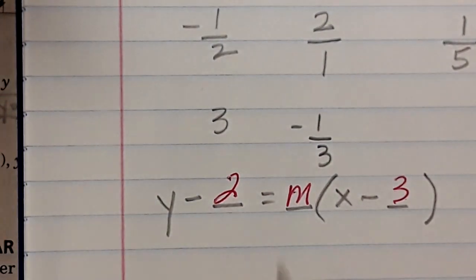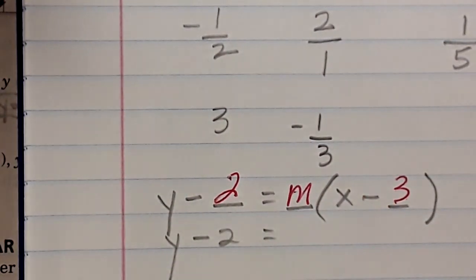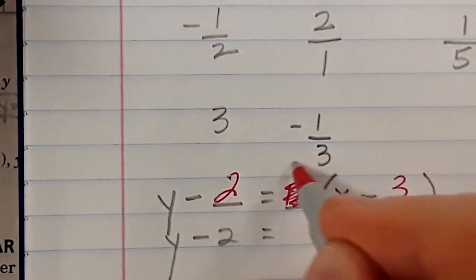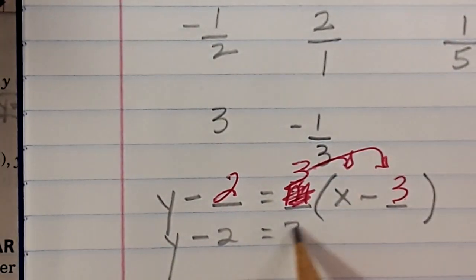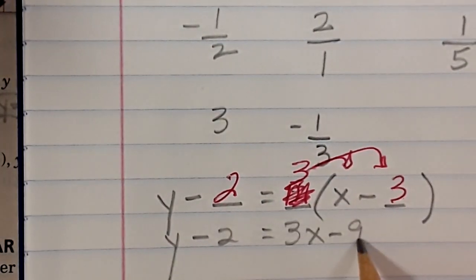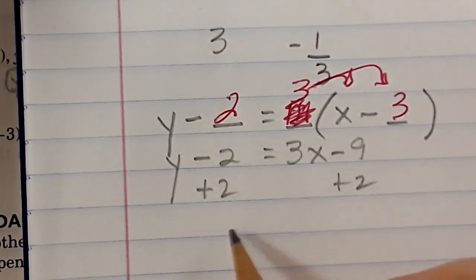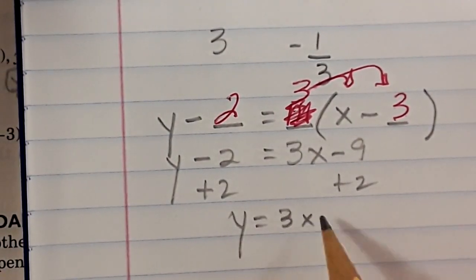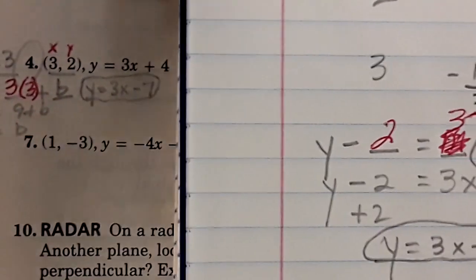So if we solve that, we go y minus 2 equals, not m, m is 3, duh, 3x minus 9, yes? You with me? And then add 2, and you get y equals 3x minus 7. And you get the same answer as you have right here.